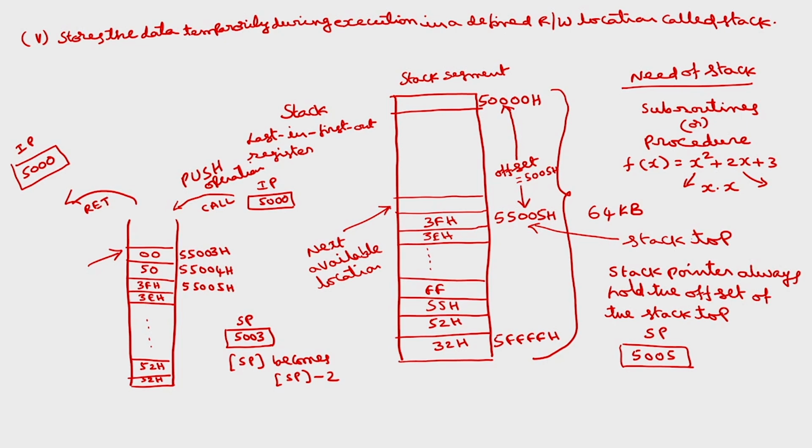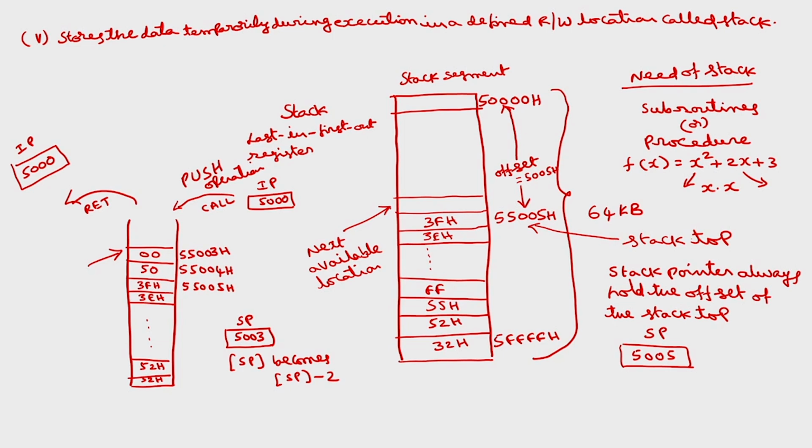So if I take back this, as I have told, the push is last in first out. The stack operation operates on the last in first out principle. While inputting, first 50 has been inputted and then 00 has been inputted. So while outputting, first 00 will be outputted, then 50 will be outputted. After that, these two will be empty locations.